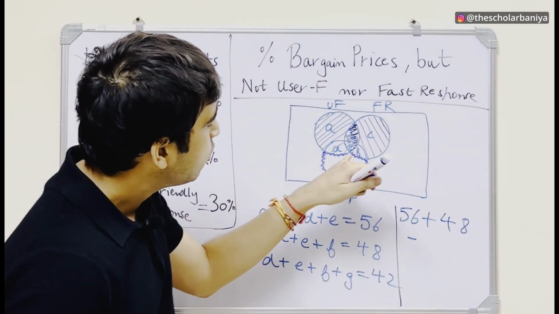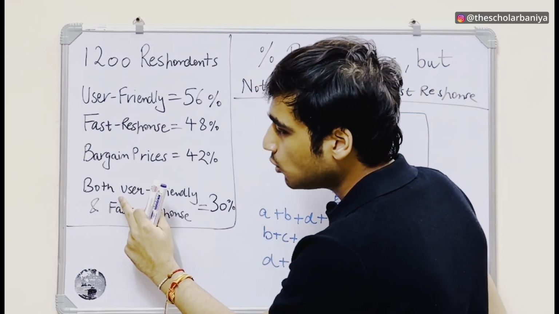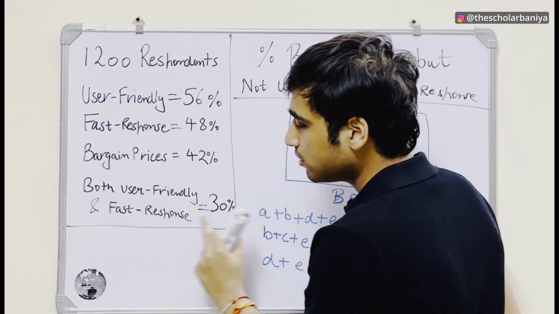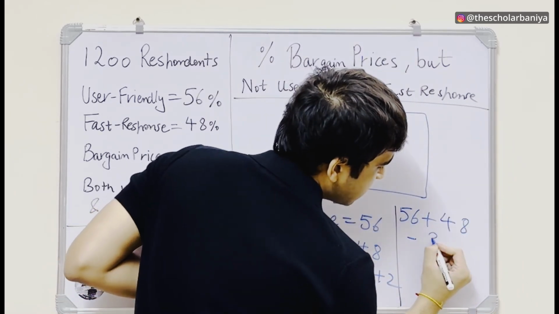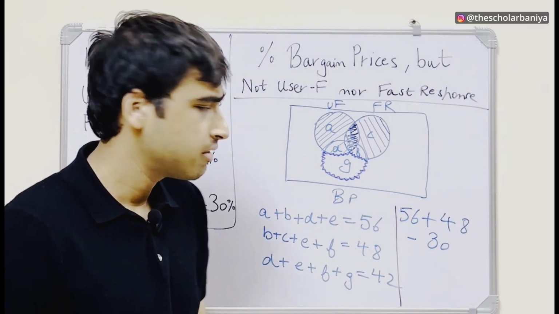Minus, we need to subtract the common area between the two, which is both user friendly and fast response, 30%. So minus 30.